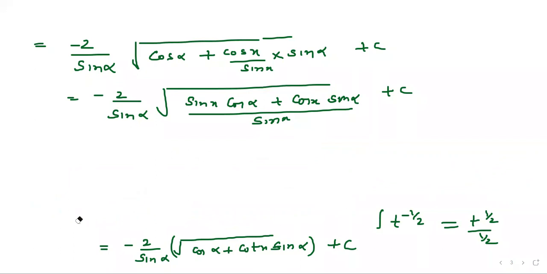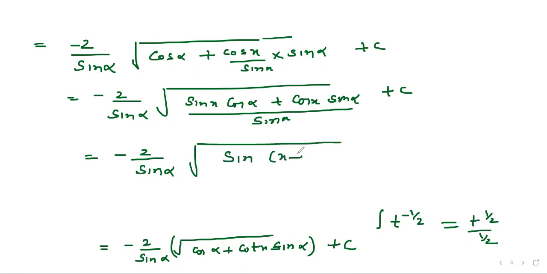So we get minus 2 upon sine alpha root of sine x plus alpha divided by sine x, plus c, which is our final answer.